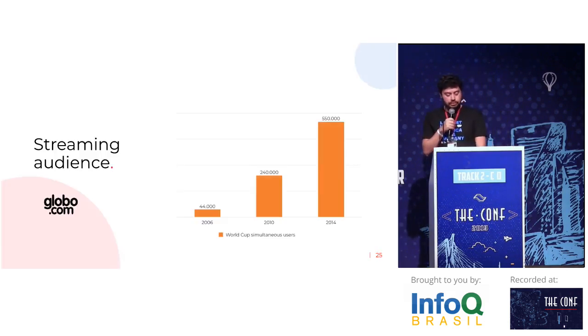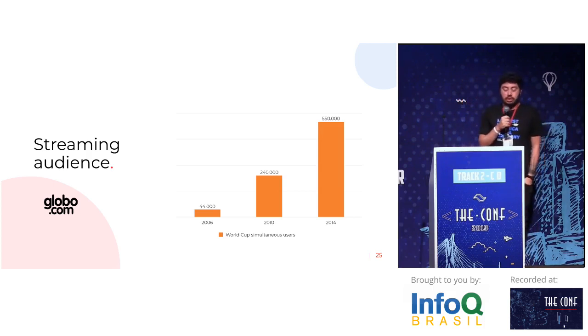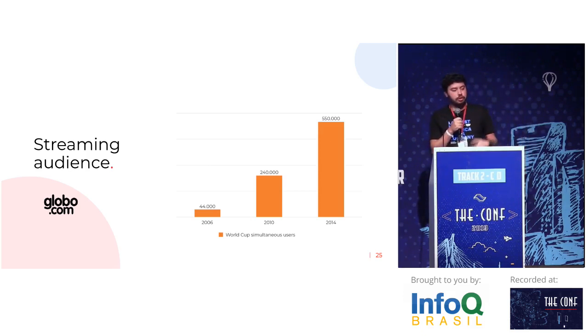So in 2018, Globo was preparing to offer a World Cup transmission. It was a free transmission all over Brazil. But this time we changed the rules. We asked users to log in before starting to watch a match. So we are very concerned about our streaming audience.